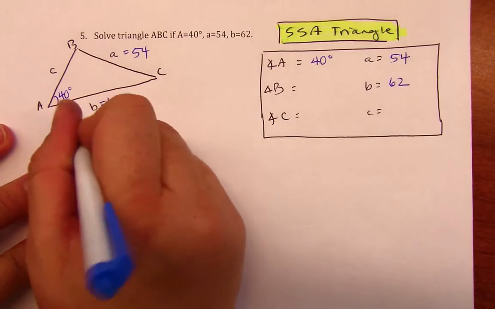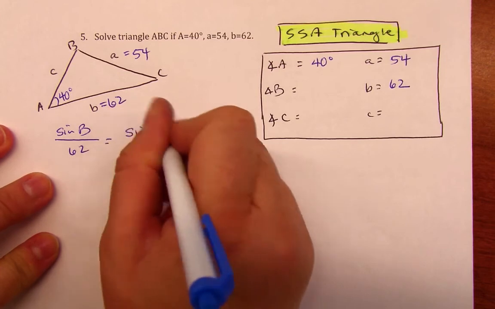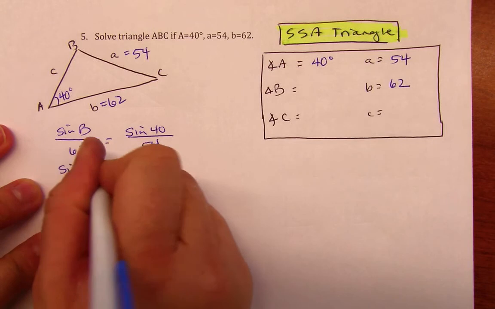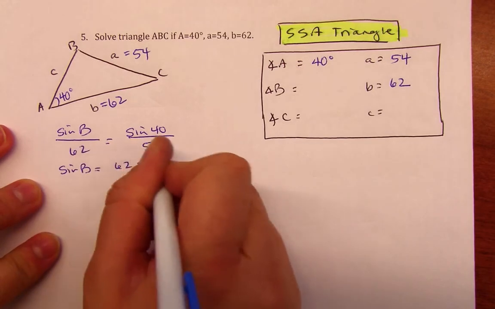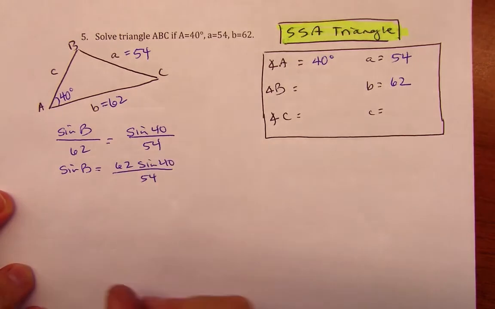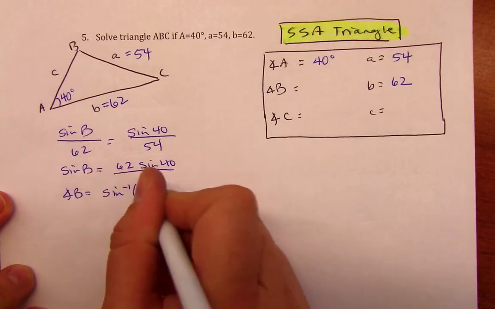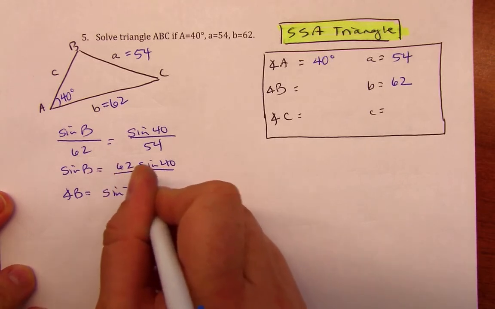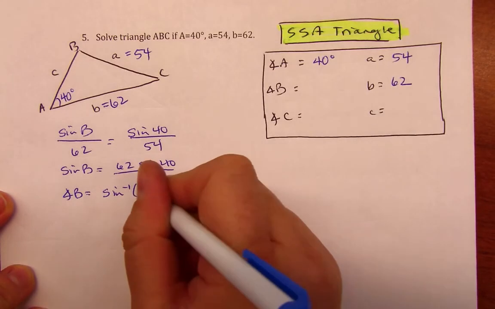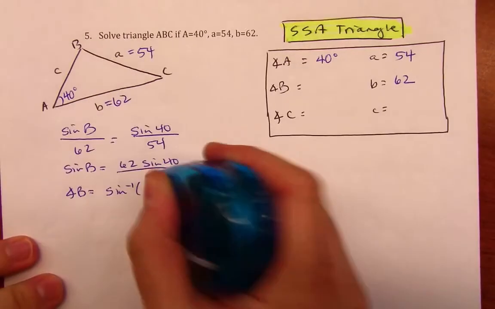So sine of B over 62 equals sine of 40 over 54. Sine of B equals 62 sine of 40 over 54. And angle B will be inverse sine of all of that stuff brought down in here, that decimal. Why don't we go ahead and actually just calculate that?